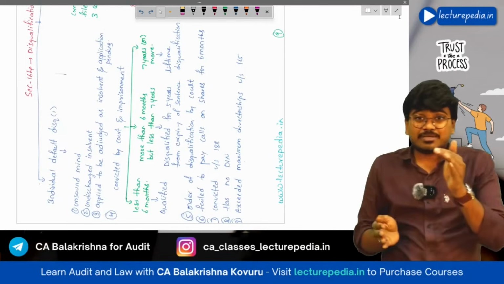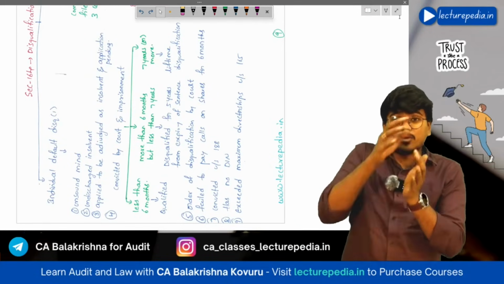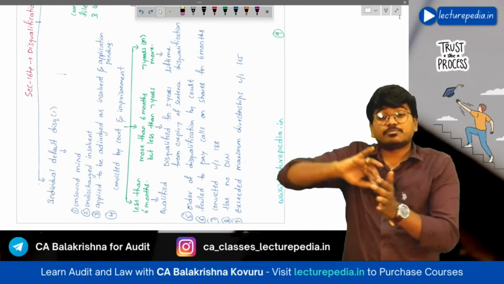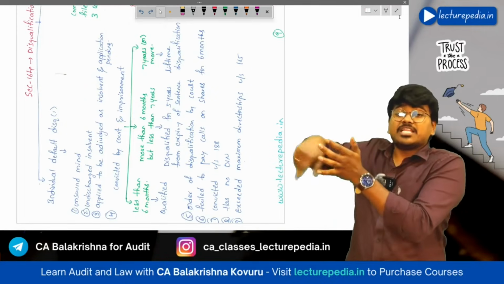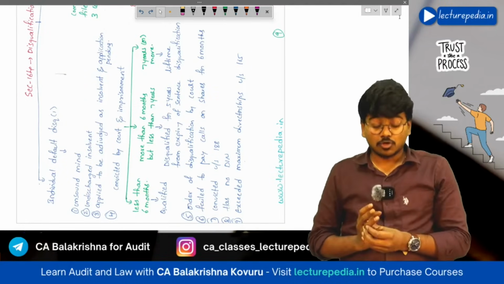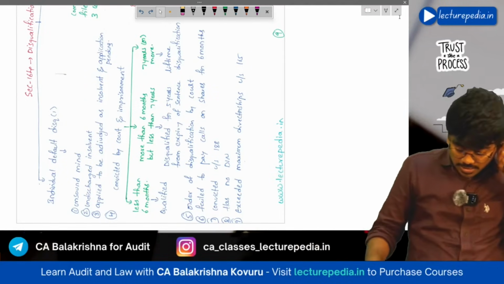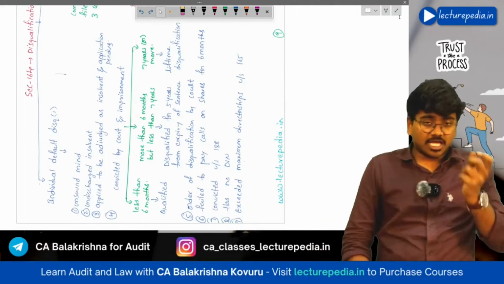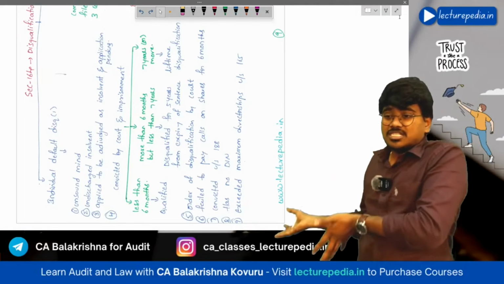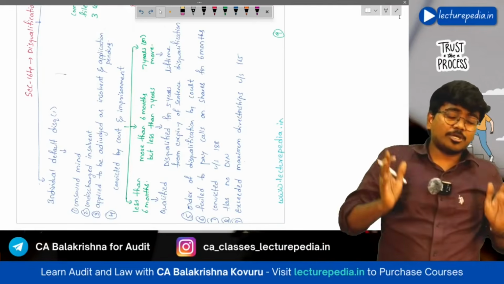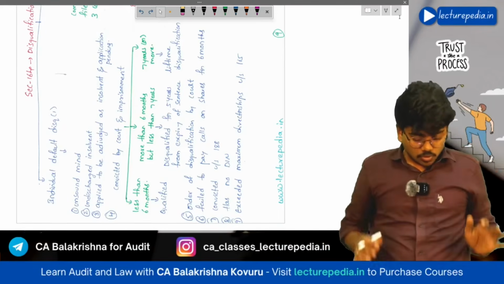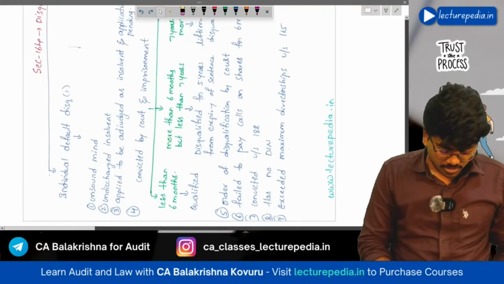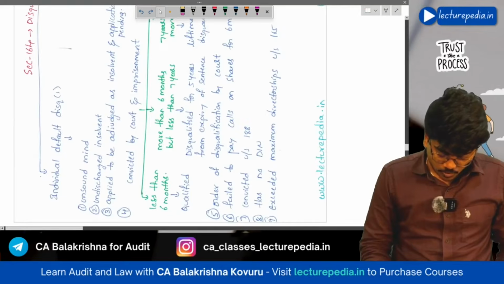Okay, so subsection 1 is individual default disqualifications, subsection 2 is company default disqualifications. Hope you got the difference. So there are 9 individual default disqualifications. If a person possesses any of these disqualifications, then he cannot be appointed as a director. What are those disqualifications? First of all, he is of unsound mind.